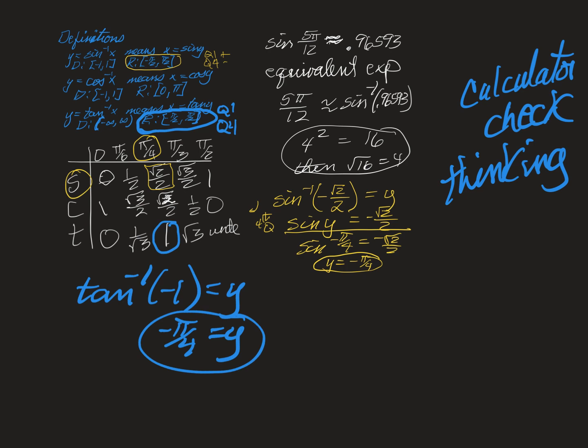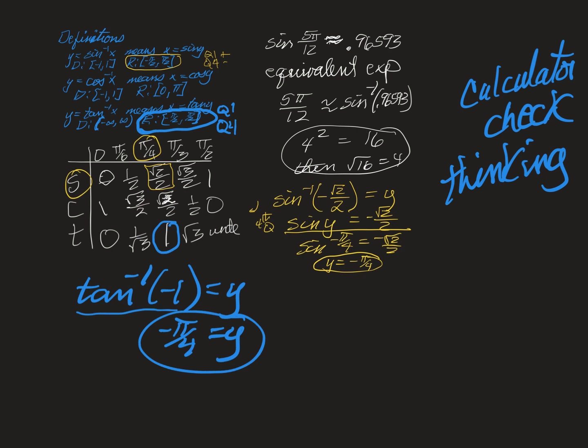Now remember, your calculator will give you a decimal. If you just punch in the inverse tangent of -1, you're going to get a decimal. So then you have to take -pi divided by 4 and see if you get the same decimal. And that'll tell you if you're doing it correctly.